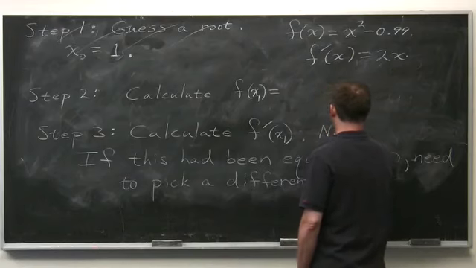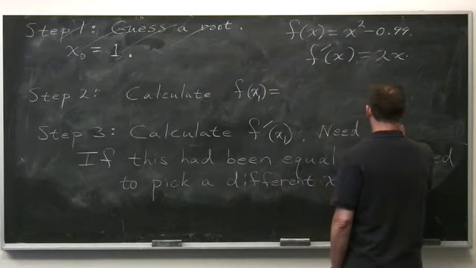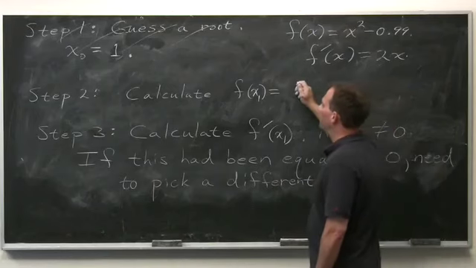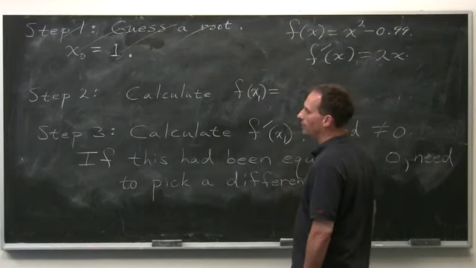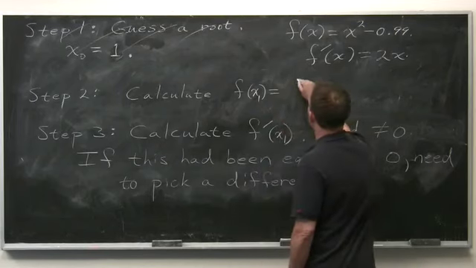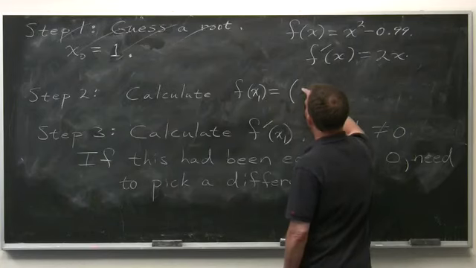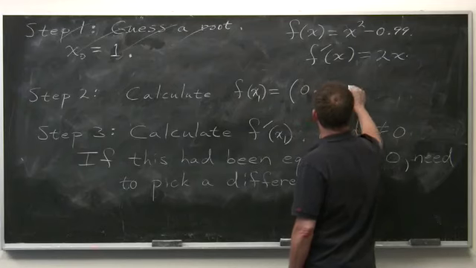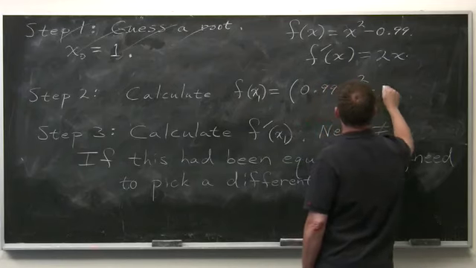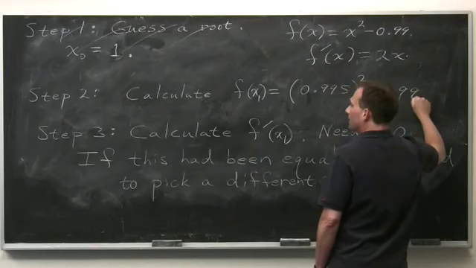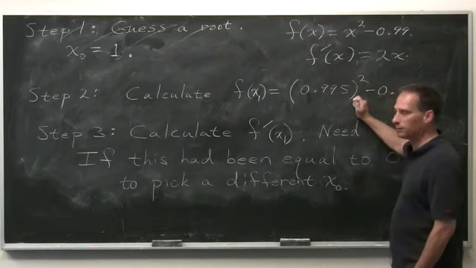Need this to be unequal to 0. f of x1 is not 0. What is this? f of x1 is 0.995 squared minus 0.99. This is not 0.